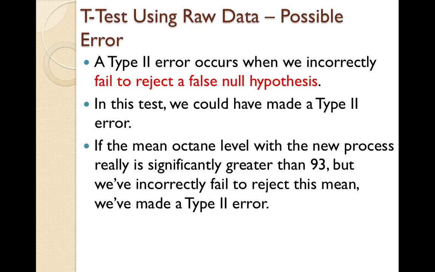Okay? So it's possible to make a type 2 error when you fail to reject the null hypothesis. It's possible to make a type 1 error when you reject the null hypothesis. So understanding those two scenarios and being able to recreate the chart will help you answer questions like those.